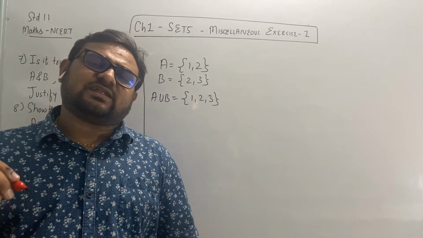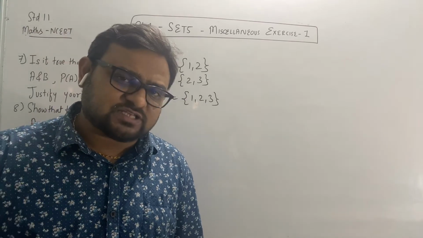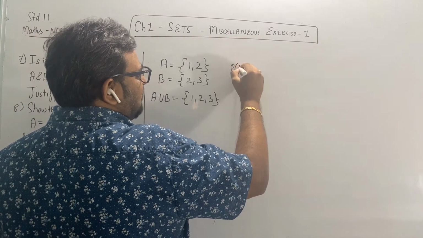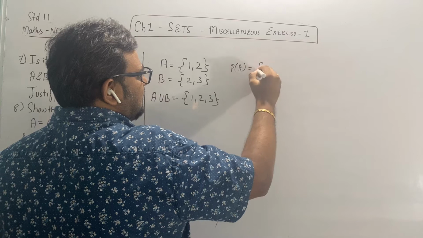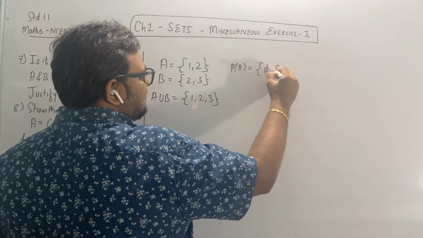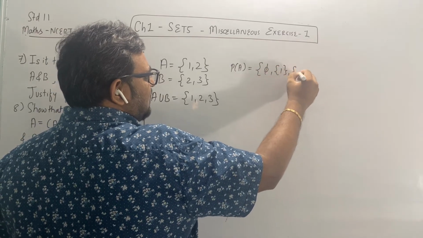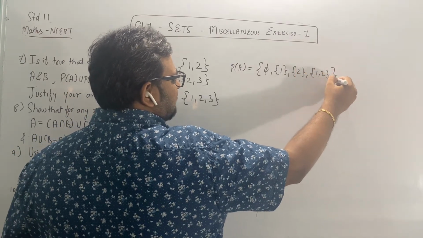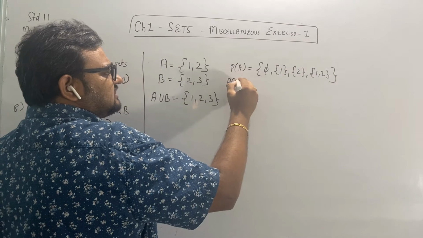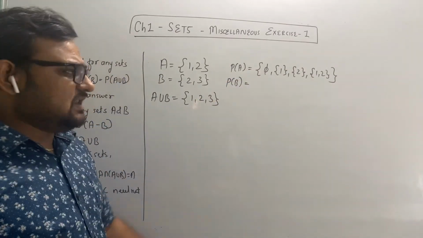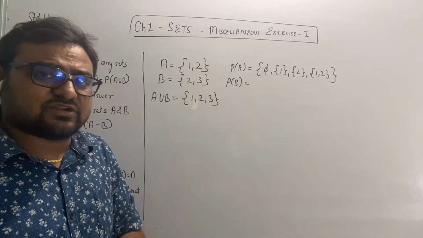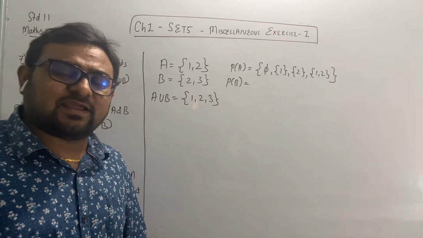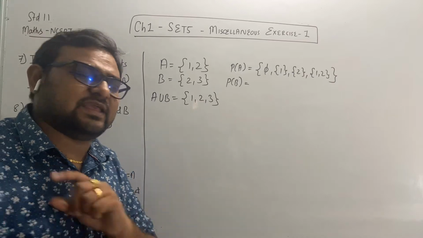Now, what is a power set? The set that consists of all the subsets is called power set. So, what is power set of A? Null set, set including element 1, element 2, and the set itself. Similarly for power set of B, take all the subsets of that set and enclose all those subsets in a set.